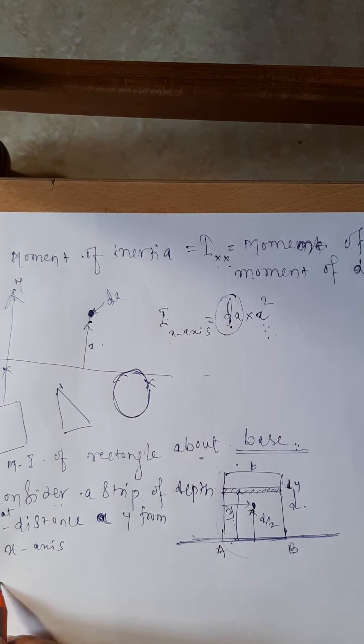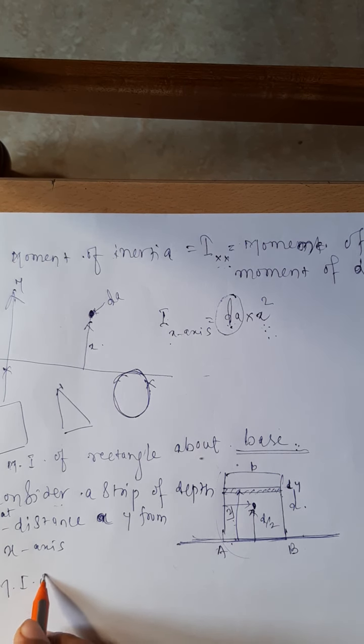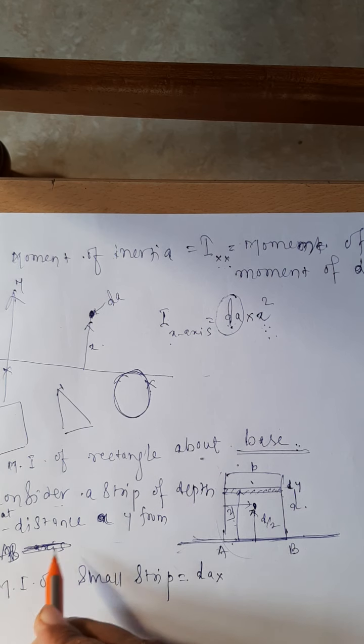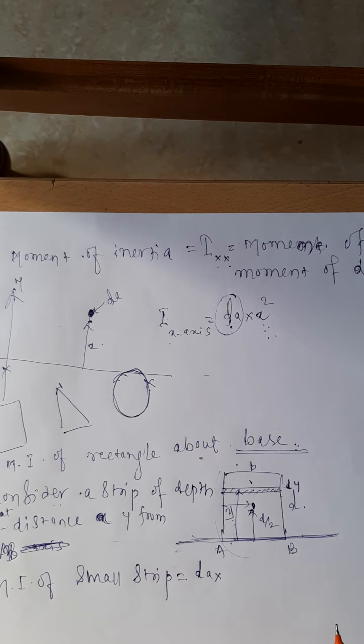Therefore, what is the moment of inertia of this small strip? It is the area of the strip multiplied by the distance of that strip from AB, not from the x-axis, but from AB, as I want the moment of inertia of the small strip about AB.